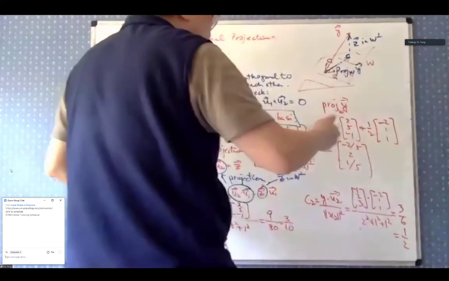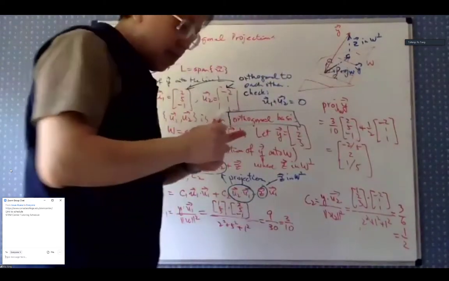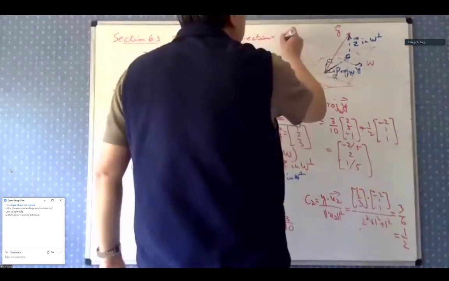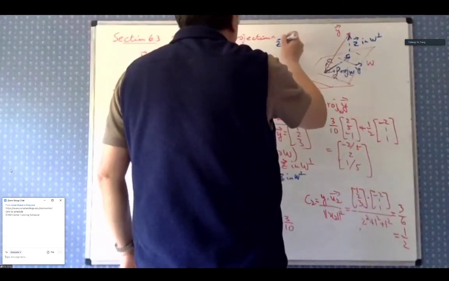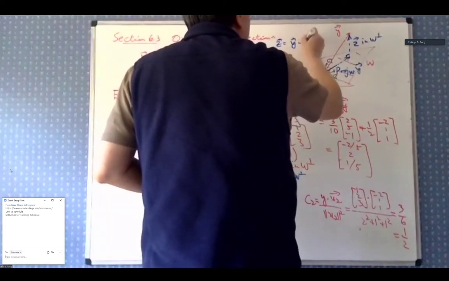Okay, so your question is how to find Z. Z will be equal to my original y minus y hat, basically.